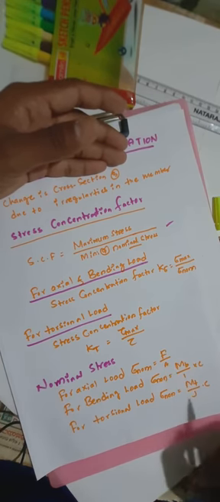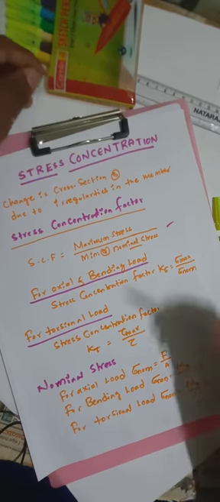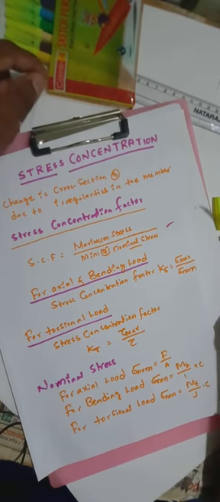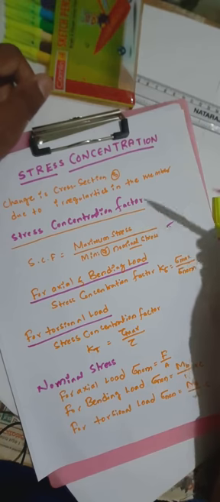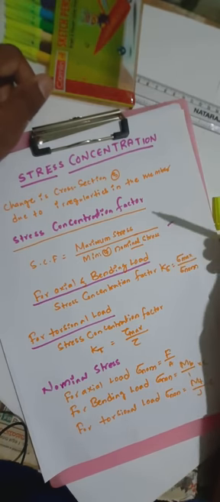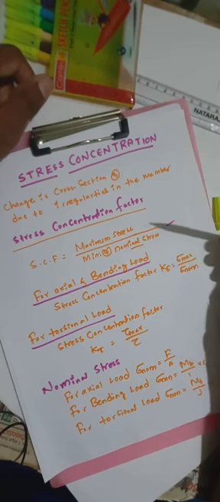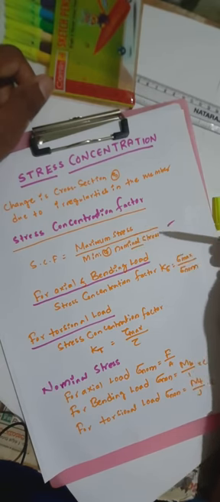So this is the stress concentration factor and the definition of stress concentration. Stress concentration occurs due to change in cross section or due to irregularities in the member. The stress concentration factor is the ratio of maximum stresses to nominal stresses.